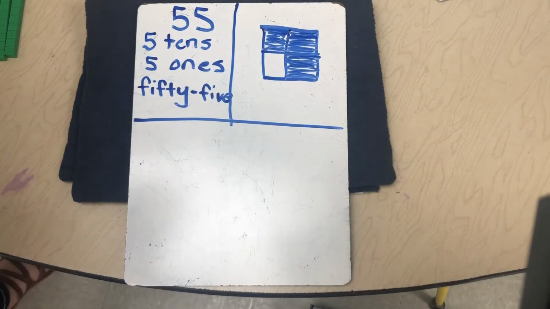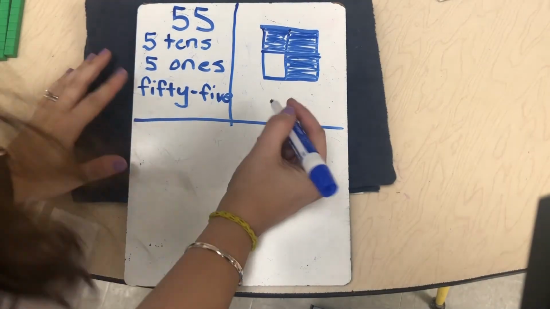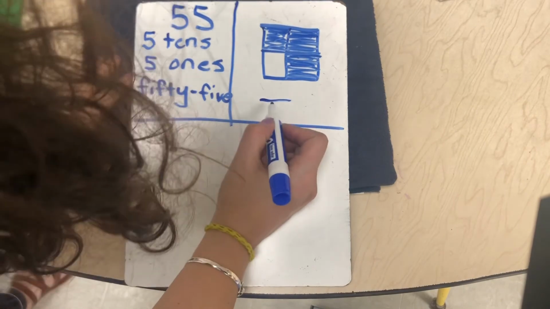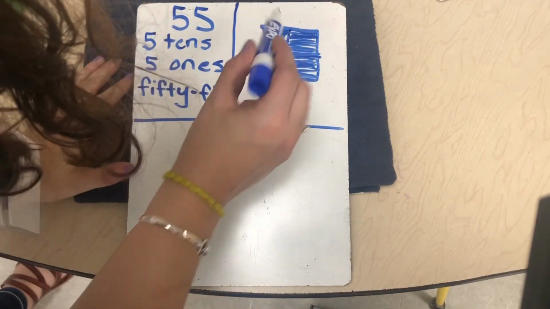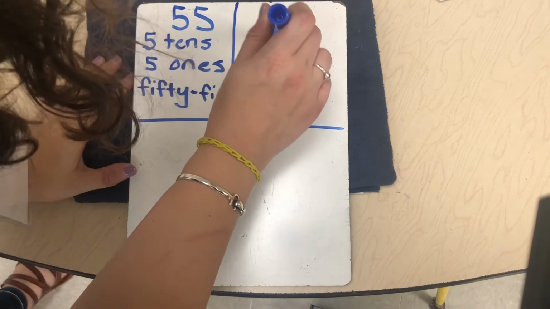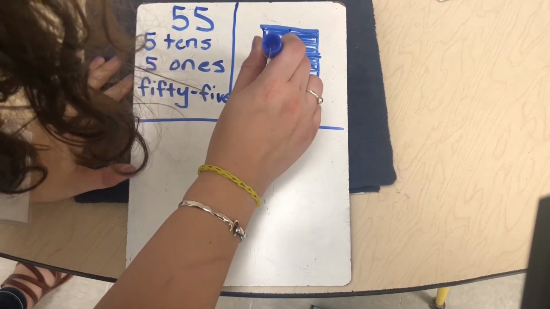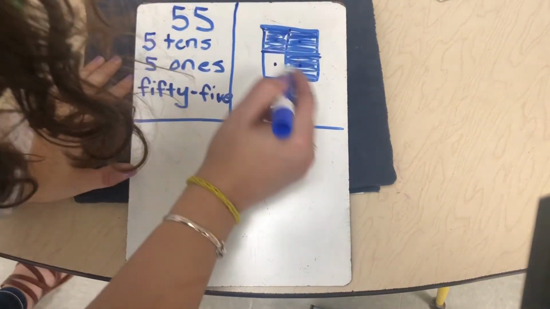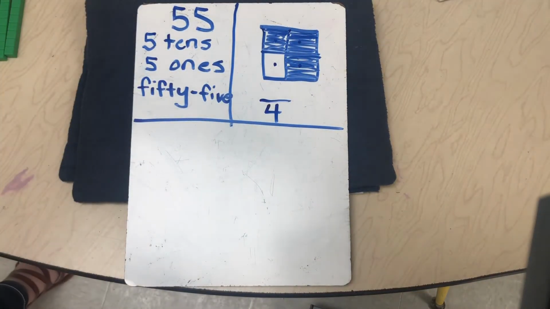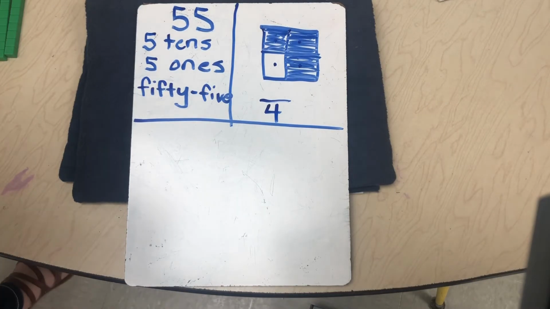Okay, so you want to encourage your child, for the bottom of your fraction, you have your line, and on the bottom is the total amount of cubes inside of our square. So you count those. 1, 2, 3, 4. So you're including even the blank square, because it's all 4 of those cubes. So 4 goes on the bottom.